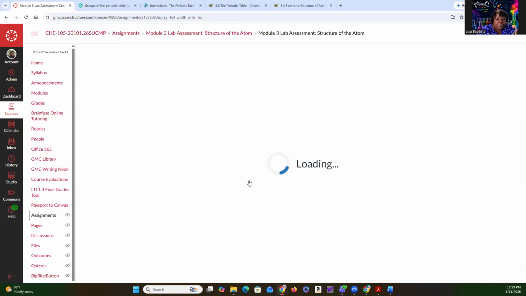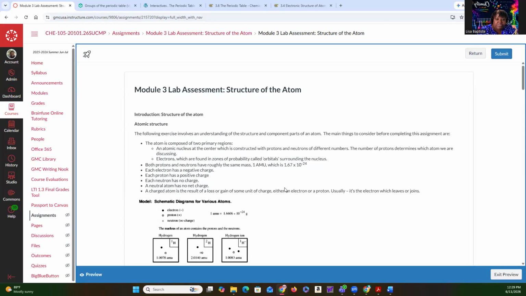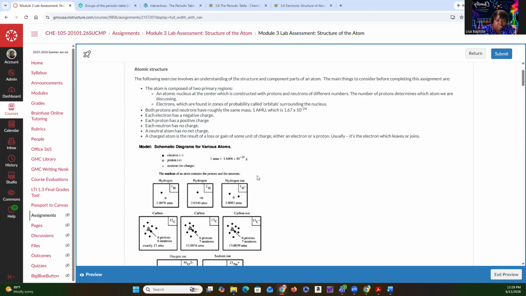All right. And so this gives you some more information about the structure of the atom. These are things we've already talked about. But just to refresh your memory, protons and neutrons are located in the nucleus. Protons have a positive charge, and neutrons are neutral, or zero charge.